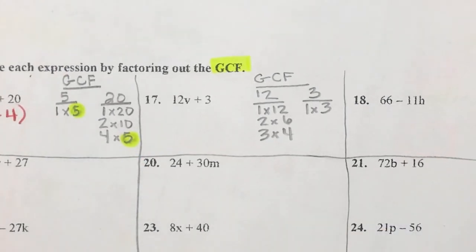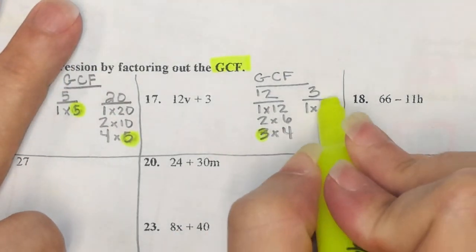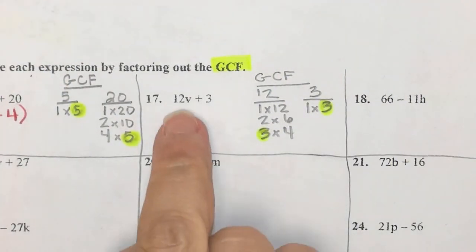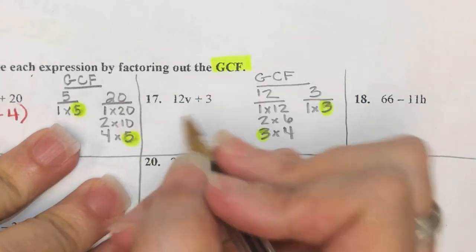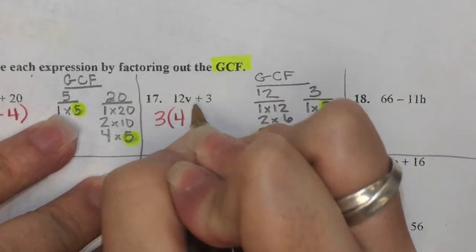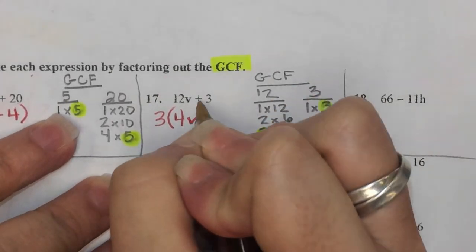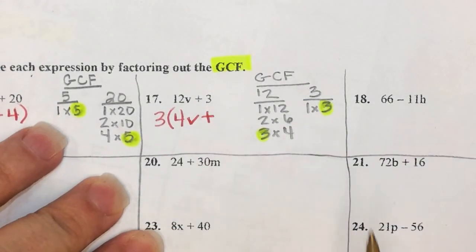Think about what your GCF is. 3. Okay, so think about it as how many 3s are in that 12? 4. Okay, 4. Keep the V. Keep the plus, because that's the kind of sign it is. How many 3s are in 3?